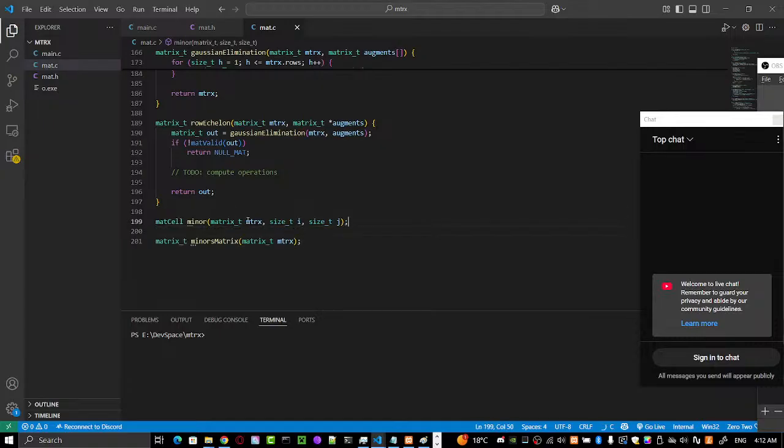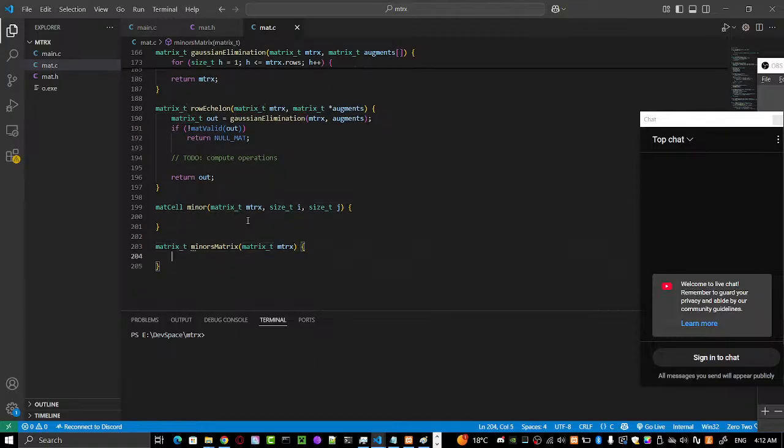And this will be important too for our matrices, to implement the invert matrix function.